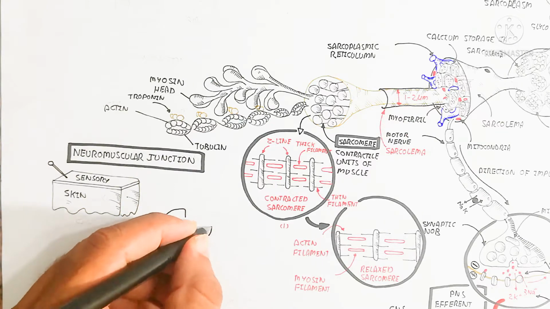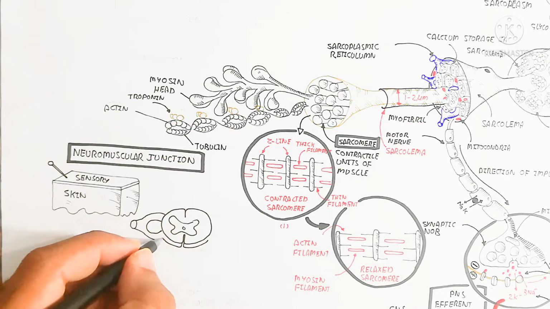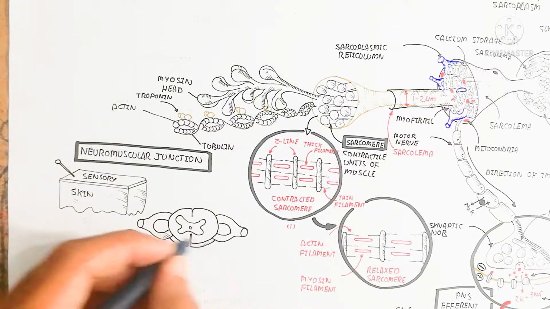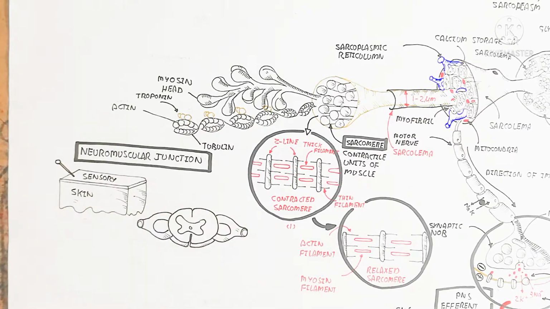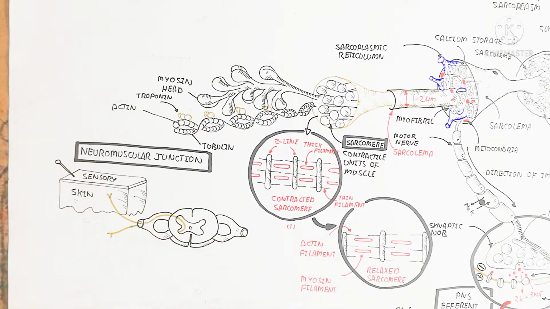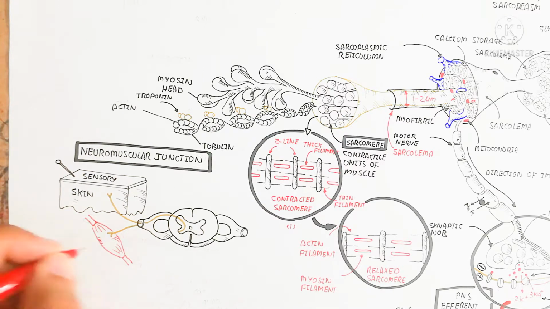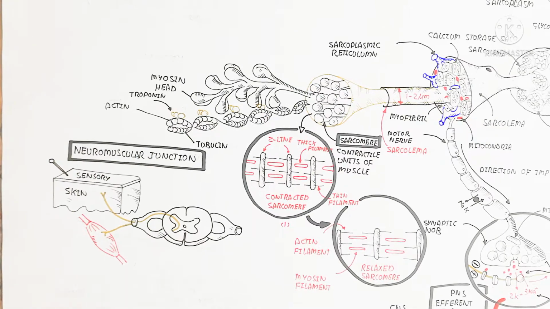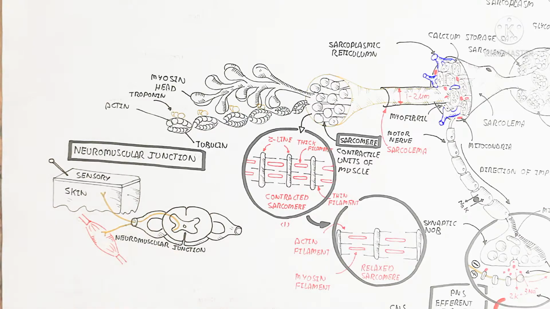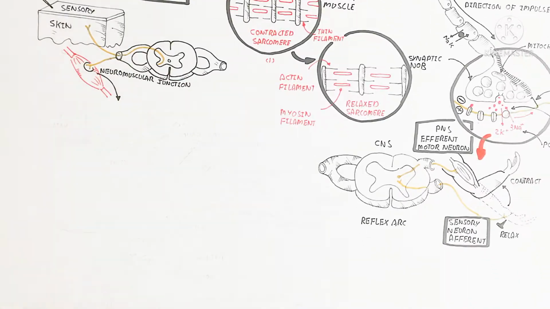This is transmitted to the gray matter of the spinal cord through the dorsal horn, and after integration, the synapse, known as the neuromuscular junction, causes the muscle to contract due to the neurotransmitter acetylcholine.